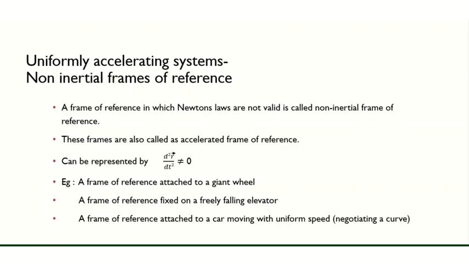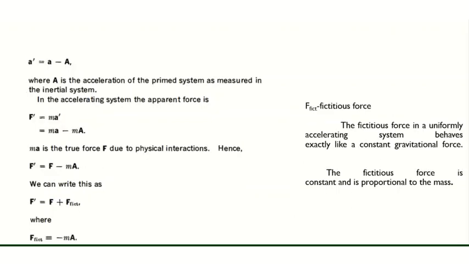Such frames of reference can be represented by d square r by dt square is not equal to 0. Examples are a frame of reference attached to a giant wheel, a frame of reference fixed on a freely falling elevator, or a frame of reference attached to a car moving with a uniform speed and negotiating a curve. These are all examples of uniformly accelerating systems.